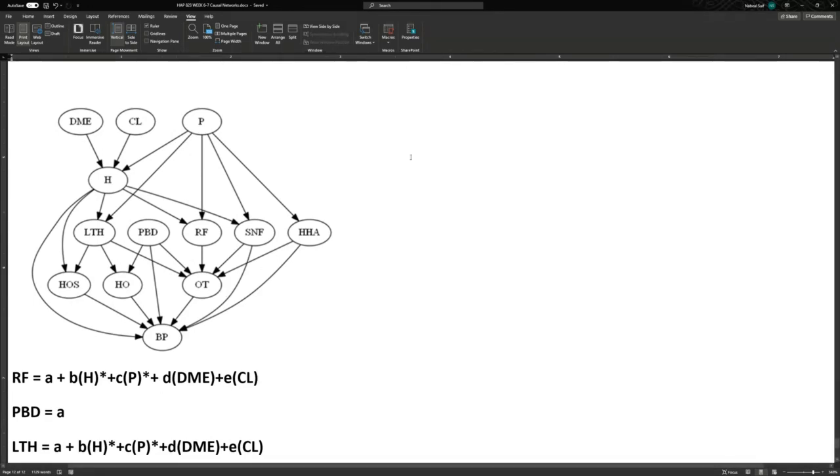Oh, how about child of H is LTH, but a co-parent is P? Exactly. But isn't P already a parent of H? Yes, so parent. But what about BP? BP is a child, and what is a co-parent that's neither parent or child of H? That'd be PBD, right? Exactly, and what else?